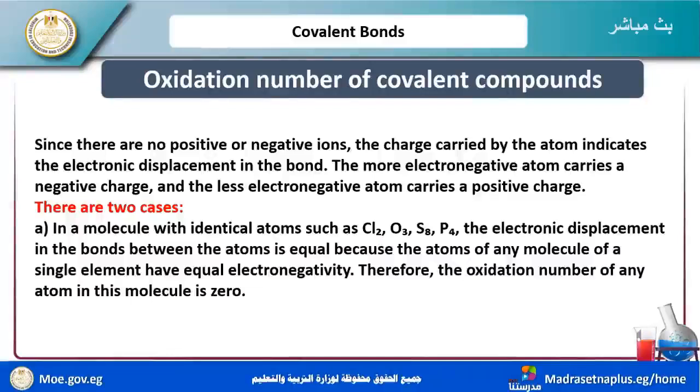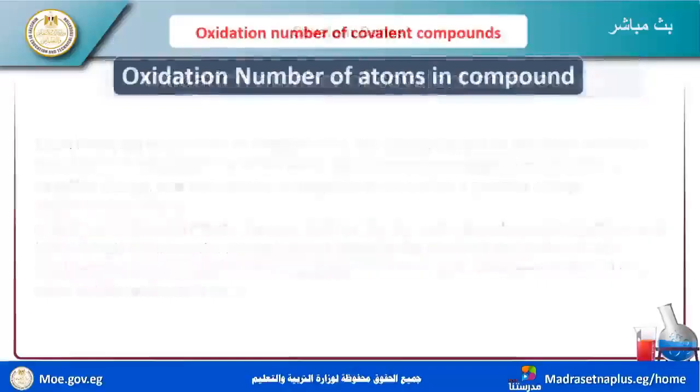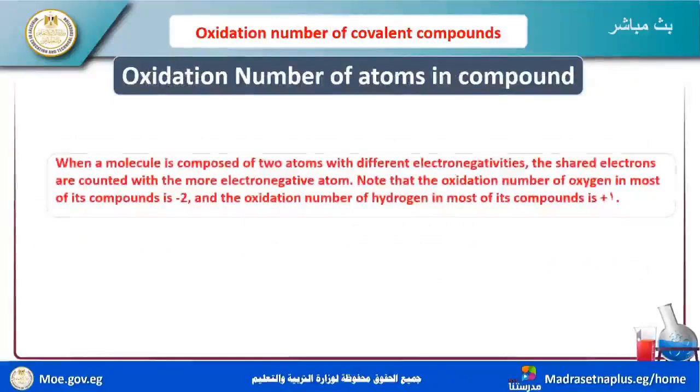Now we can discuss examples to understand oxidation numbers in compounds. When a molecule is composed of two or more atoms with different electronegativities, like NaCl, FeCl2, FeCl3, CuCl2, and so on, we have many compounds consisting of different atoms, so you have different electronegativity.